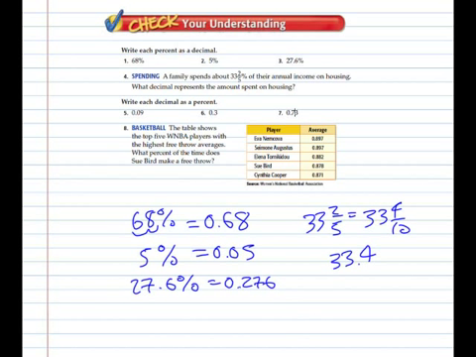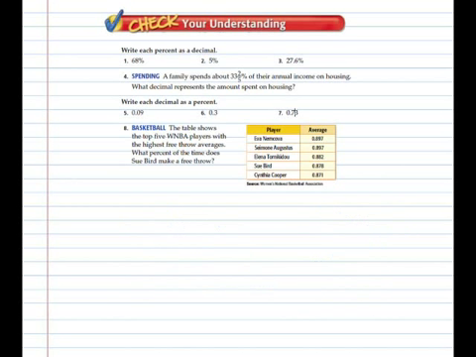As a decimal, I'm going from percent to decimal, which means 2 places to the left, 0.334 as a decimal. 33 2/5% as a decimal is 0.334.